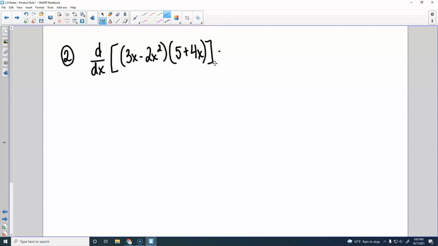Okay. All right, so you do have the option on this to just multiply those two together and then take the derivative, which actually might be easier here, but we're working on product rule, so let's use the product rule, okay? So I've got two things that are multiplied together. Both expressions have x's in them, so this means product rule must be used.